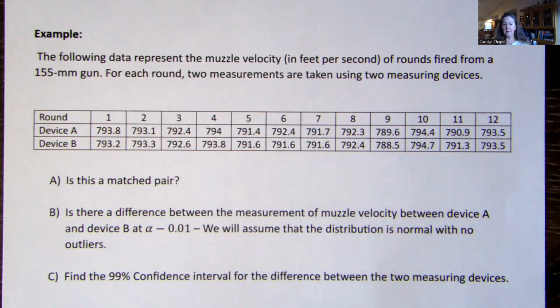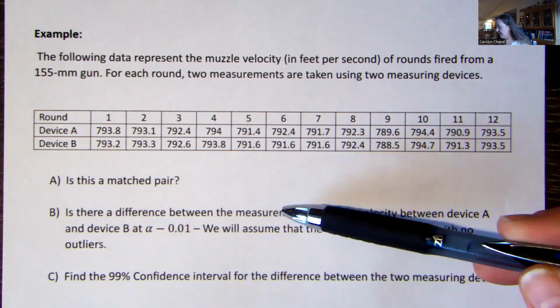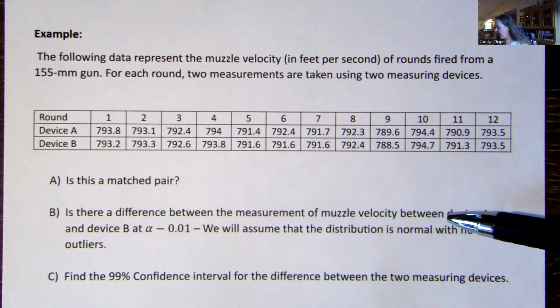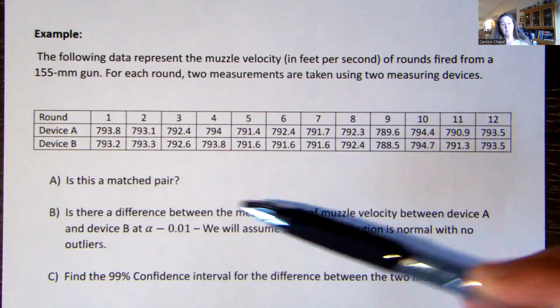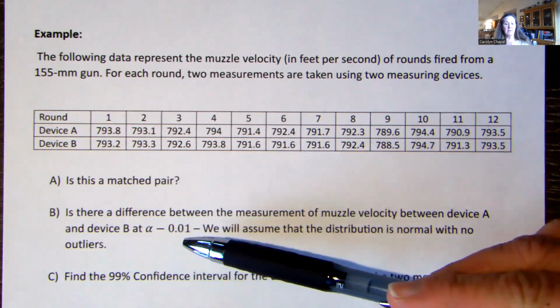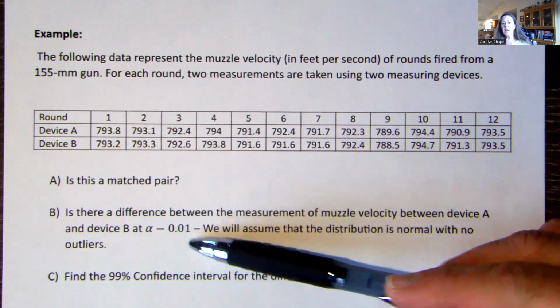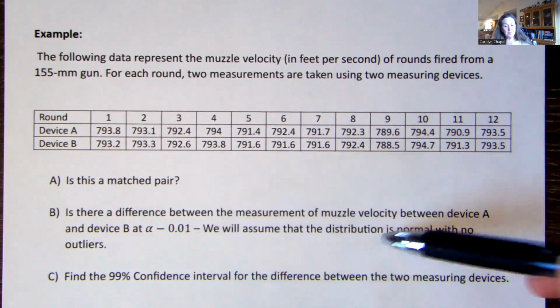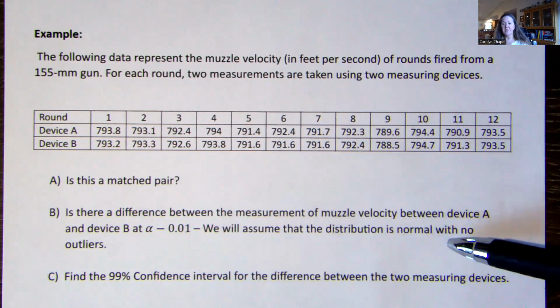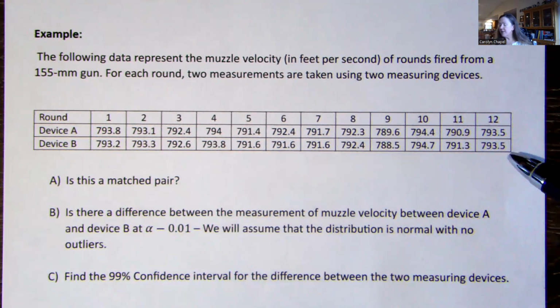And we want to know, is there a difference between the measurement of muzzle velocity between device A and device B at alpha 0.01? We are going to assume that this distribution is normal with no outliers. Because we only have 12, we kind of have to have that extra information.